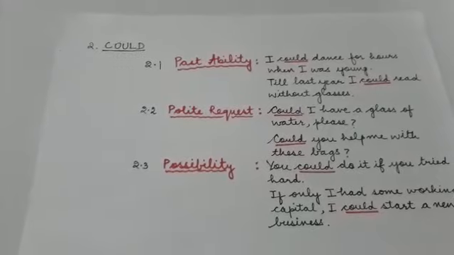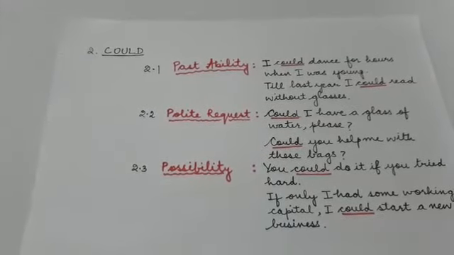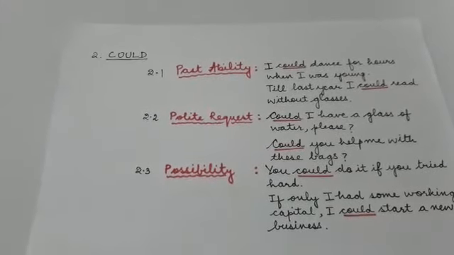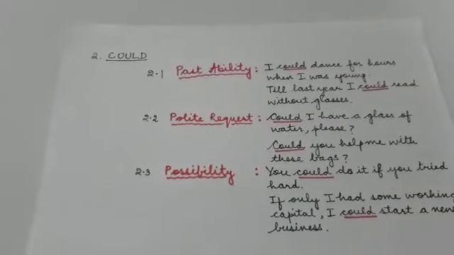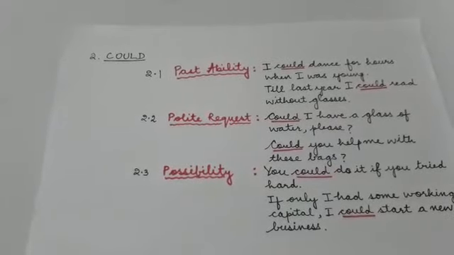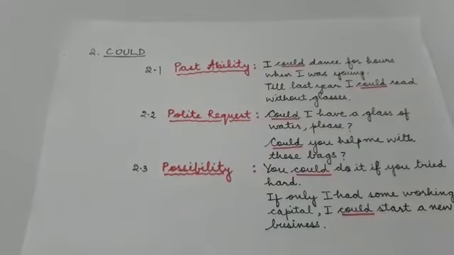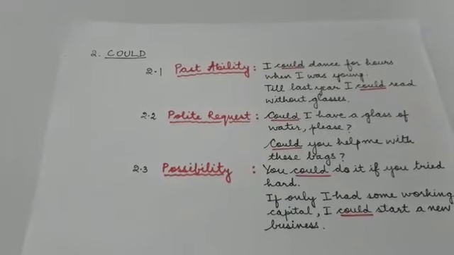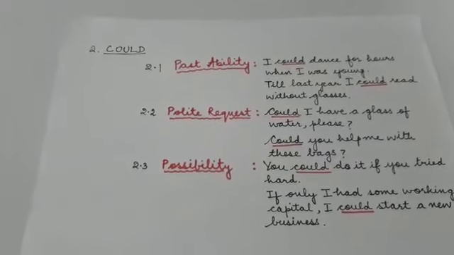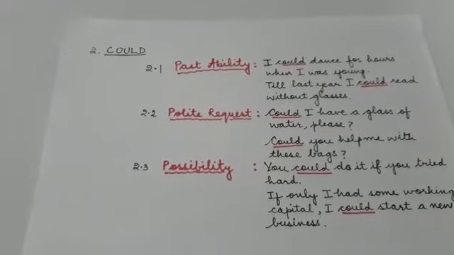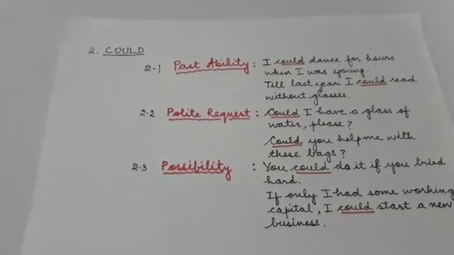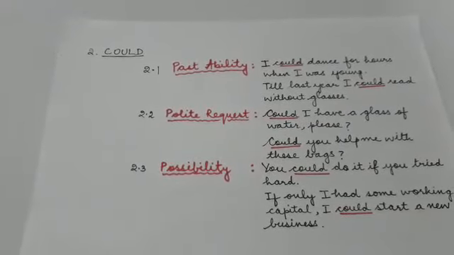So we have seen that the modal can and the modal could both indicate different notions. Can shows ability that is there in the present time, and could shows ability that existed in the past. And can is used for permission, but it is not considered to be the polite form.